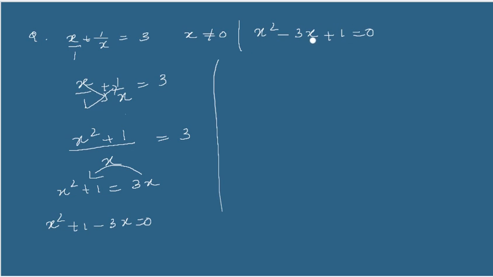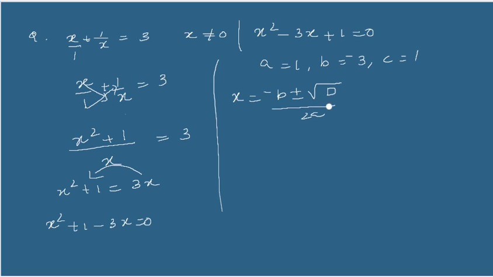See, ax square plus bx plus c is equal to 0. So let's write what a, b, c are. a is equal to 1, b is equal to negative 3 and c is equal to again 1. Apply the formula. x is equal to minus b plus or minus root of b square minus 4ac by 2a.